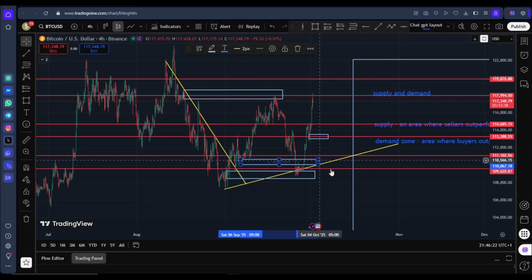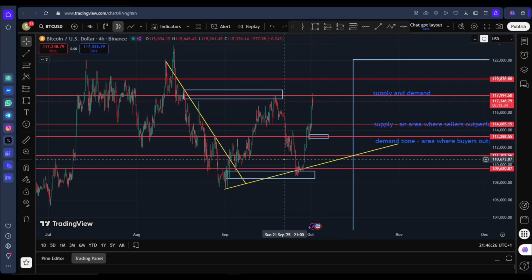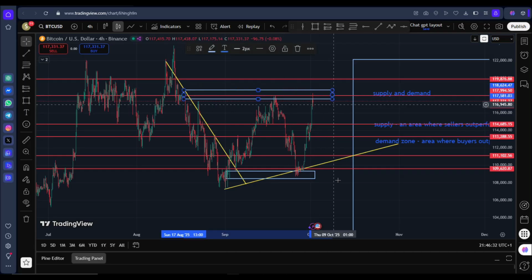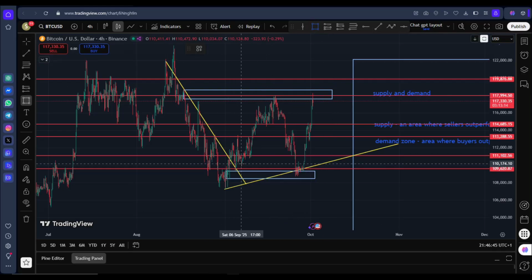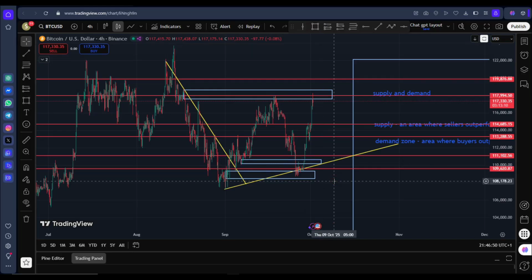So some common mistakes, like I said before, some people do select weak zones. Like if you try to take from here, you would have been stopped out. That's because it's simply a weak zone. And what made it weak is there was, for me, no sweep of liquidity. So you can actually see price came and did something rather interesting.